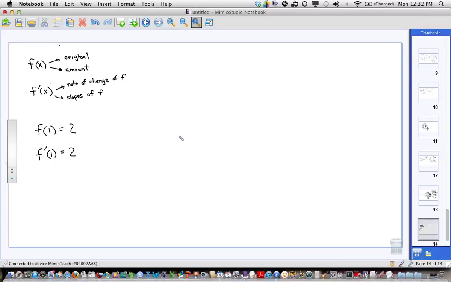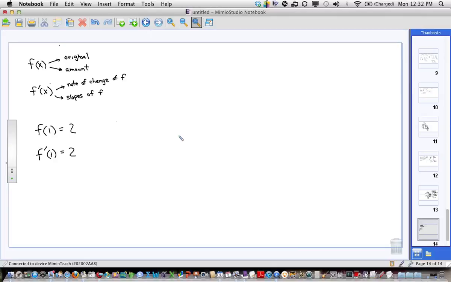Perfect. But also, and this is probably the thing I really want to make sure we understand today, f prime of 1 equals 2 could also mean the same thing you just said about f of 1 equals 2. A point on the graph, right? What could this mean? A point on the f prime graph.